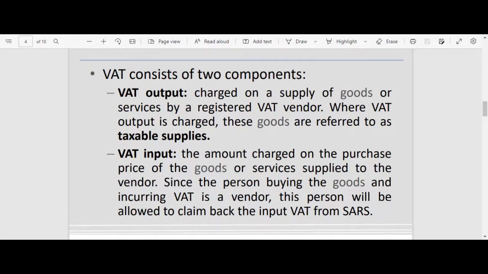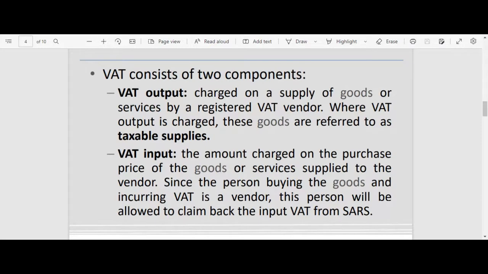So if you are an ordinary person using that as your living quarters, whether it's a house or a flat or an apartment, it means you are not paying value added tax on your rent. So residential rent, rent for living purposes, is an exempt supply.